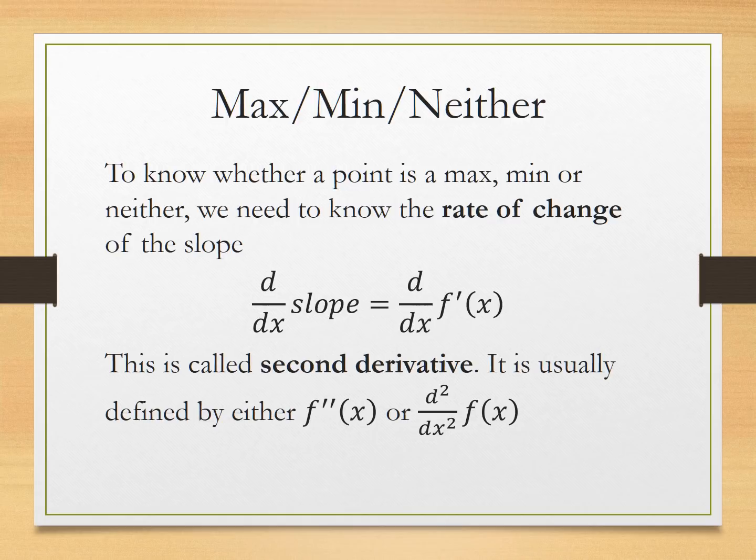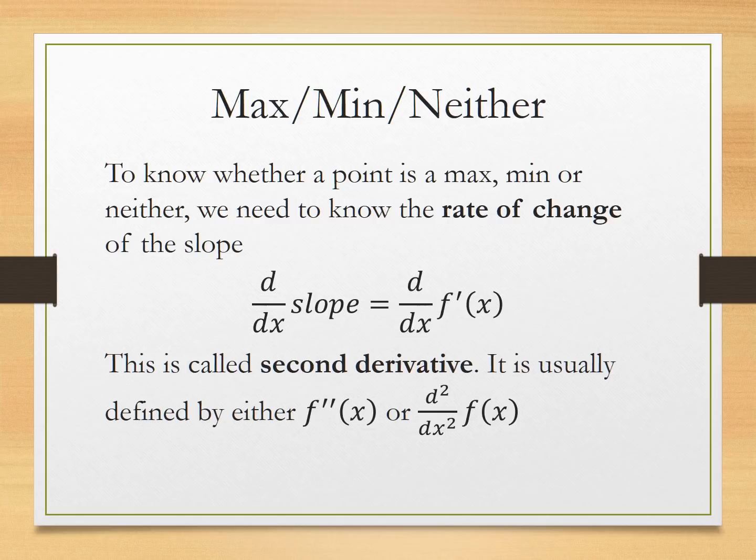You have to find the rate of change of the slope, which means you have to take the derivative again. The slope itself is already a derivative, so you're taking the derivative again, and that's called the second derivative.